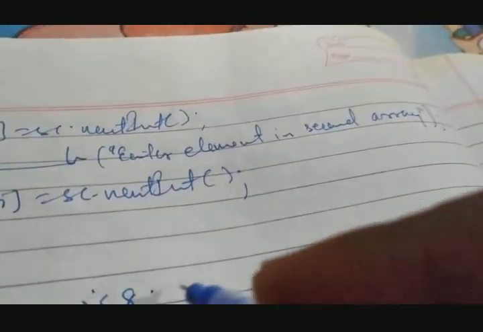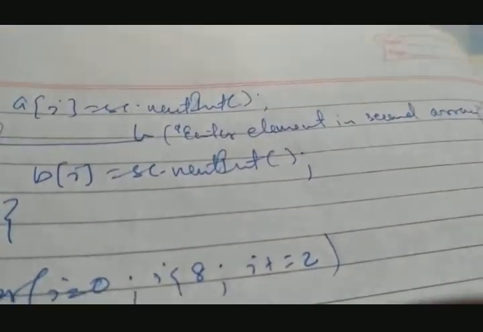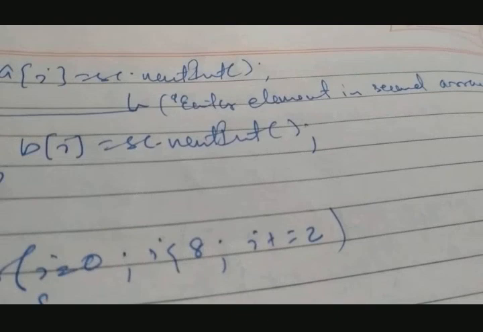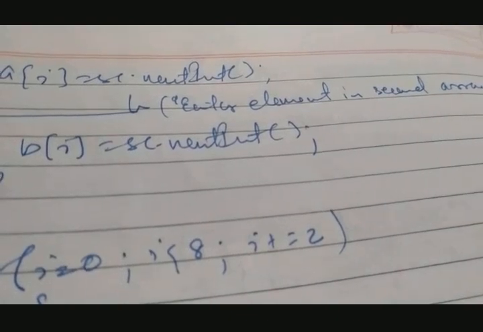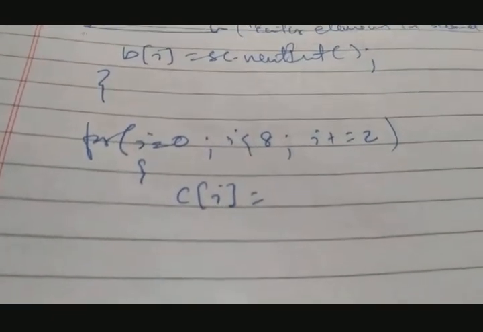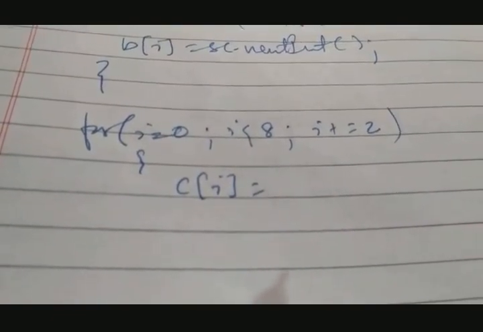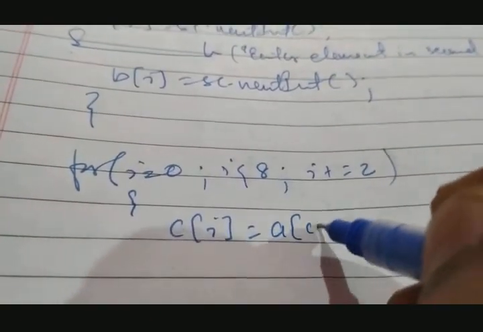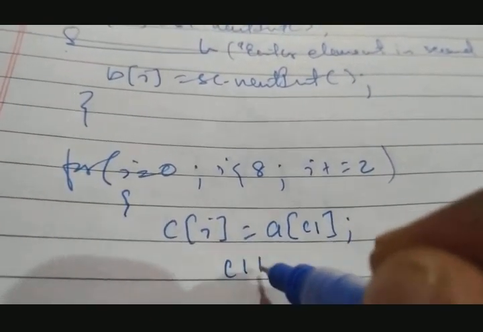For I equals to 0, I less than 8, I plus equals to 2. Now C of I, यानी कि C में 0 आएगा, फिर 2 आएगा, फिर 4 आएगा, फिर 6 आएगा, ठीक है। C में इस तरीके से चलेगा, लेकिन A का कैसे चलना है एलिमेंट? एक के बाद एक, एक के बाद एक। तो A of C1 plus plus.